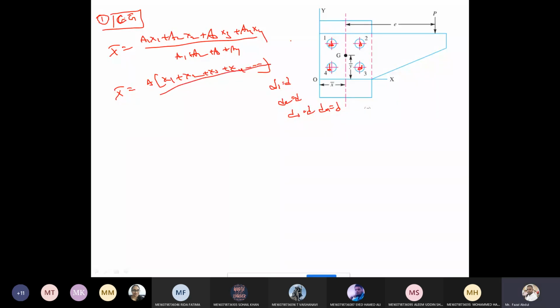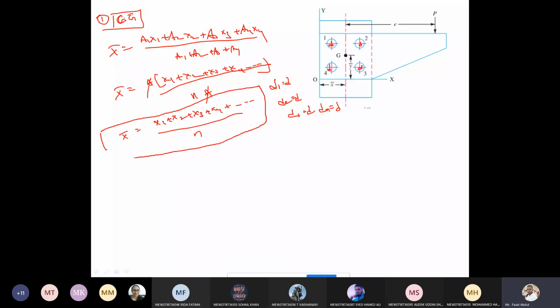How many areas are there? In the diagram, four areas are appearing. If n rivets are there, there are n areas because all areas are the same. That is why I am writing n. Now the A gets cancelled. The x bar will be x1 plus x2 plus x3 plus x4 and so on, divided by n.